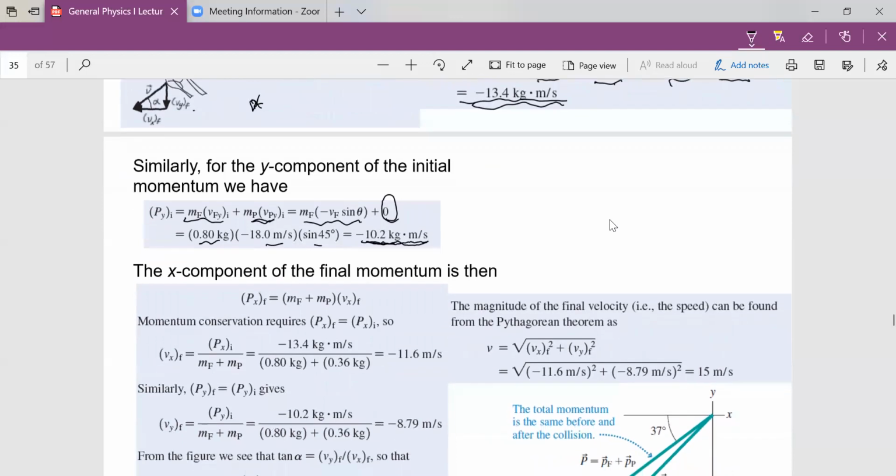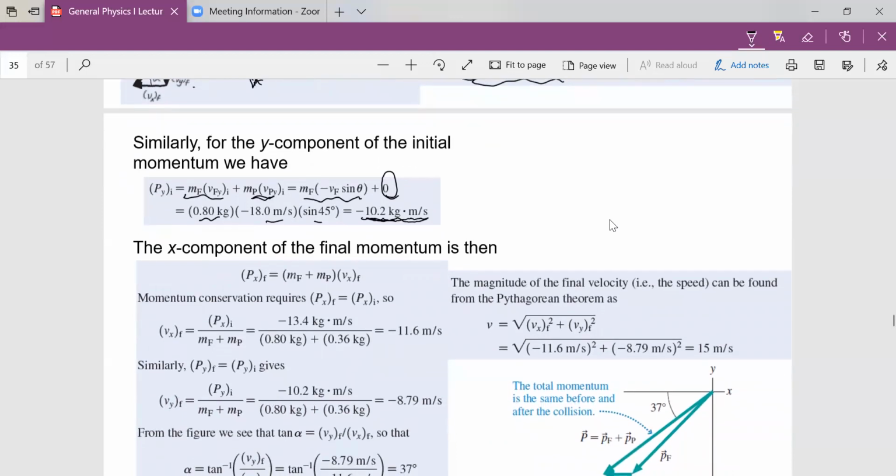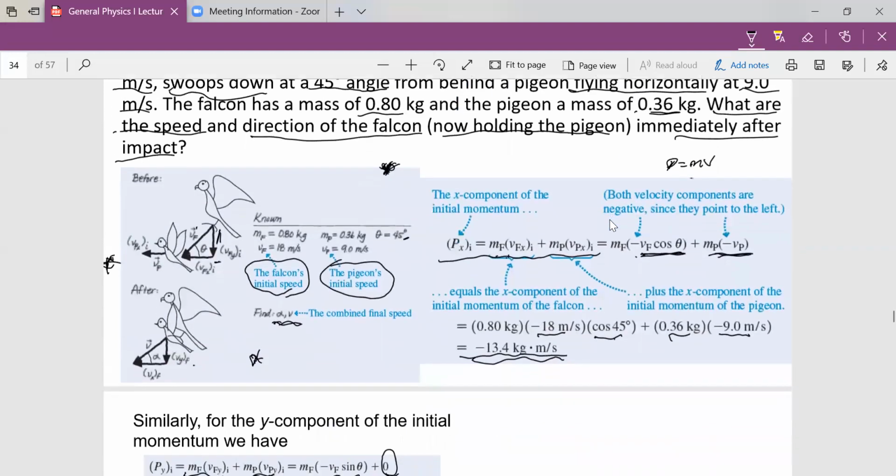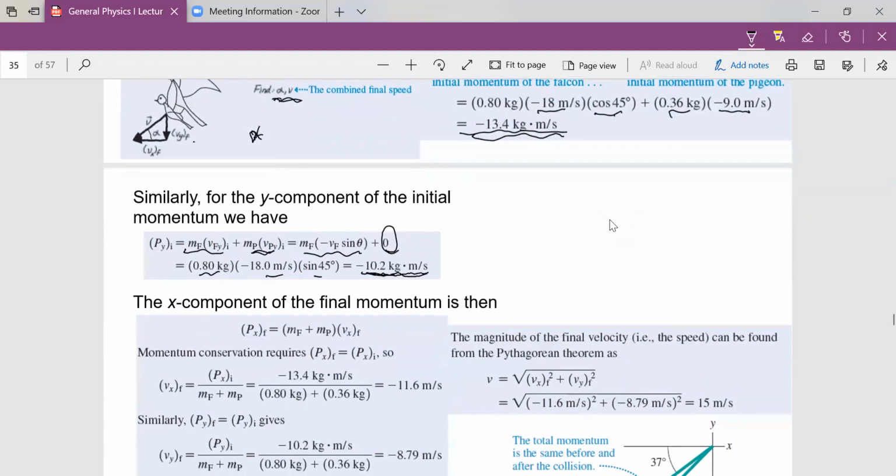So the X component of the final momentum is then, because note the word, we finished the initial, we're doing the final now. For the final momentum, they both combine their masses and move with common velocity, right? Remember the question asked us to look for the speed and the direction, okay?